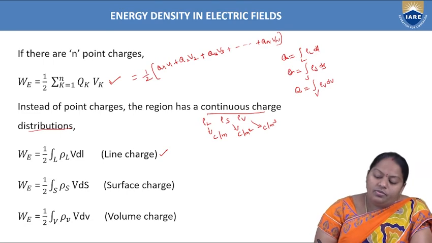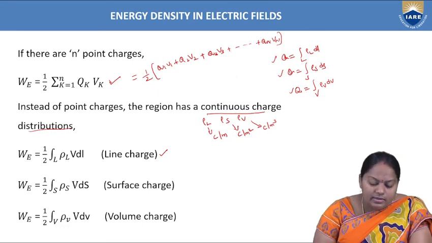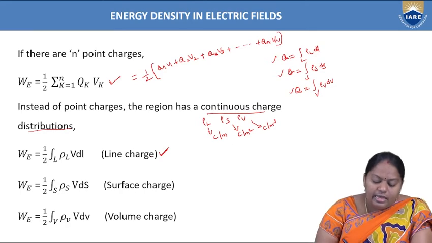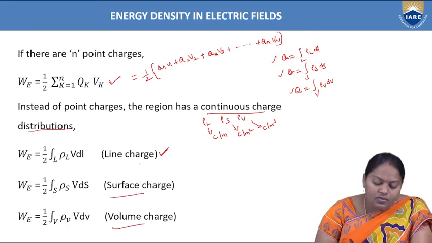Right? So if you substitute the respective continuous charge distributions in place of Qk, then the work done in electric fields to assemble line charge, surface charge and volume charge is given by the following equations.